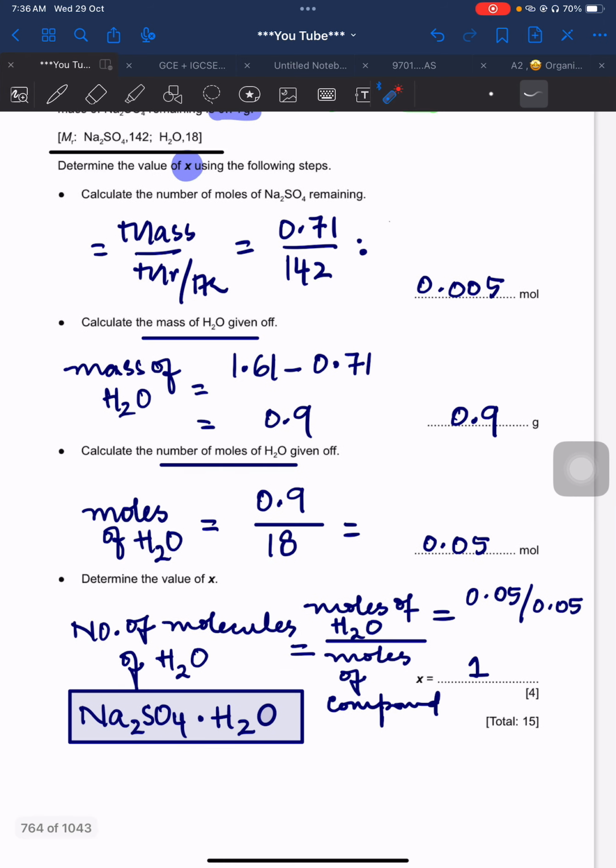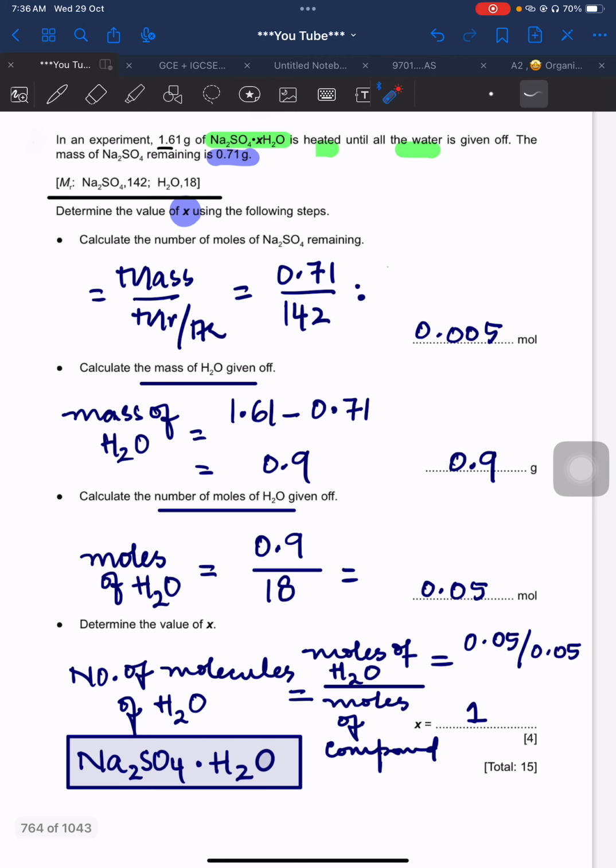So it will become 0.71 divided by 142, which is the Mr value for this compound. 0.71 divided by 142 gives you 0.005, which is the mole value for this Na2SO4. Then the examiner is saying to calculate the mass of water, so it is the initial mass minus the final mass: 1.61 minus 0.71 gives you 0.9, which is the mass of water.